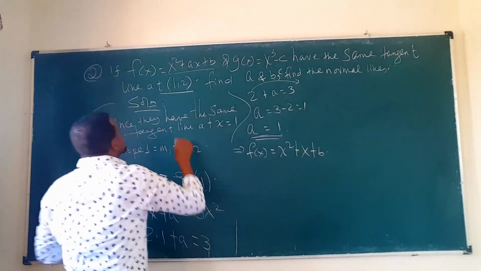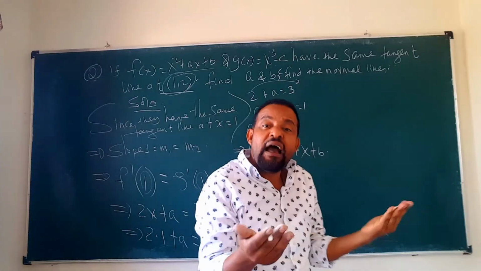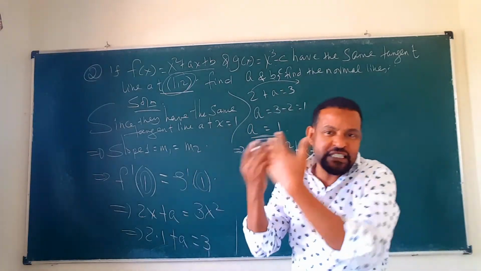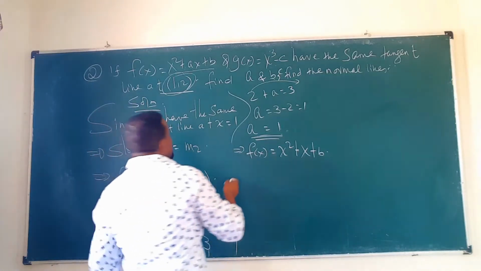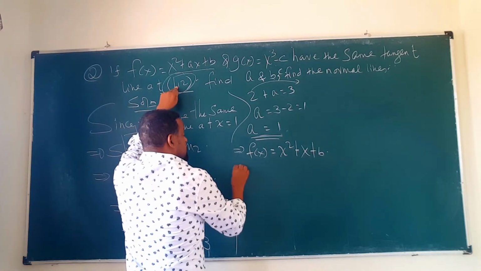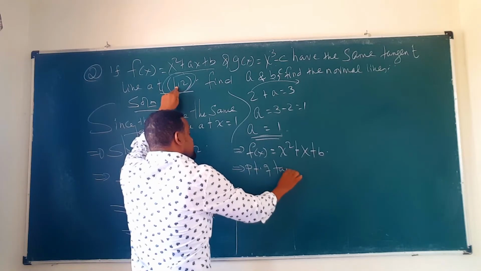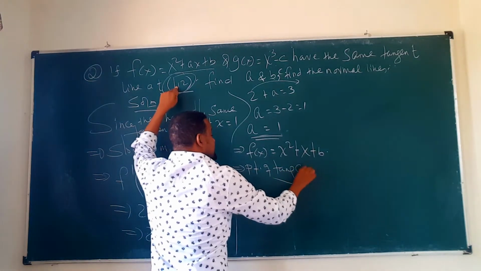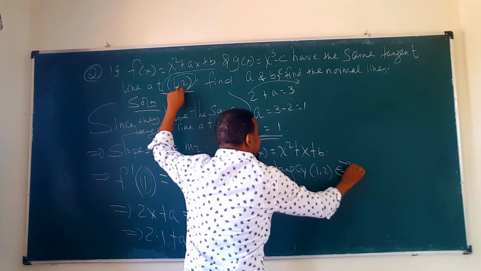Now what do we have here? The point of tangency is a member of f and g. It is a member of the tangent line and also a member of the normal line. So this point, the point of tangency, is (1, 2), a member of f and g.